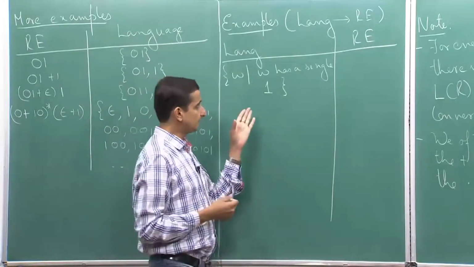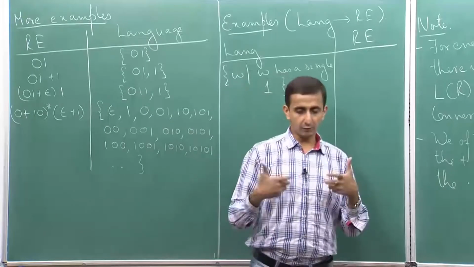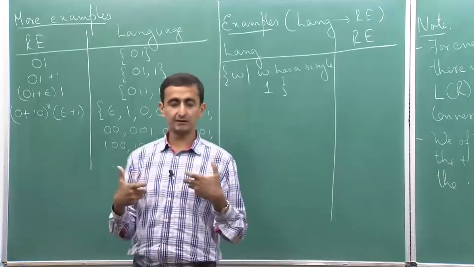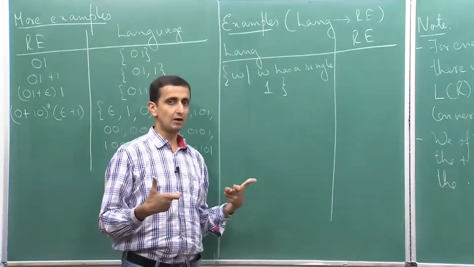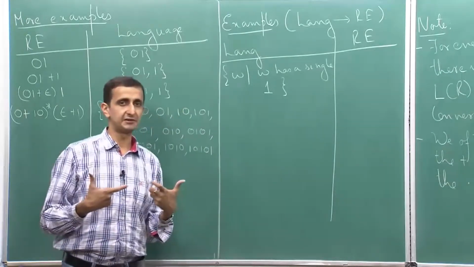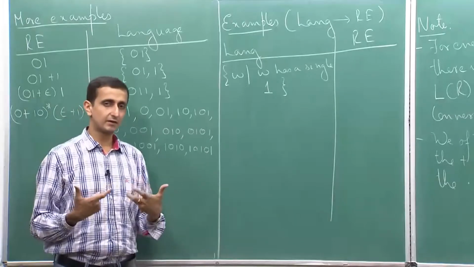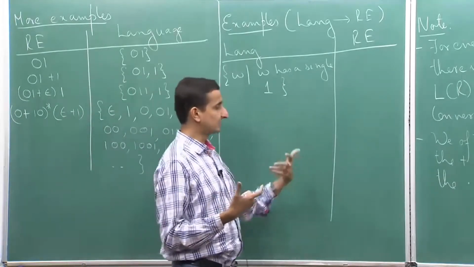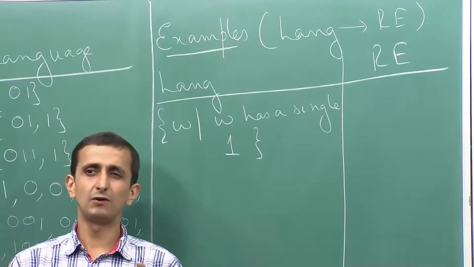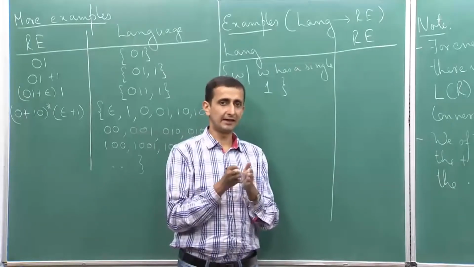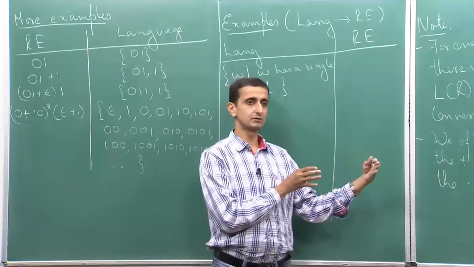If W has a single 1, the way to think how you will construct a regular expression out of this is, what will be the form of these strings? How will these strings look like? If W has a single 1, the string will basically be a sequence of zeros followed by the 1 and then followed by another sequence of zeros.